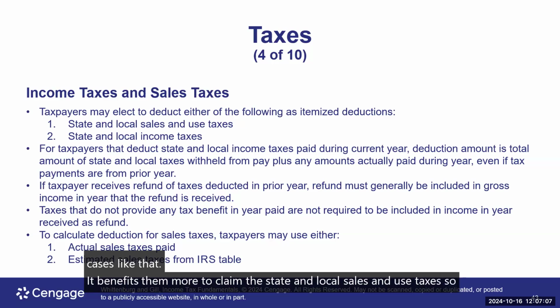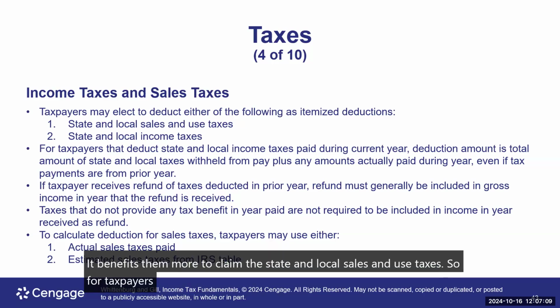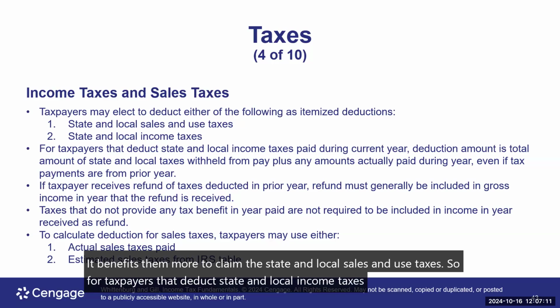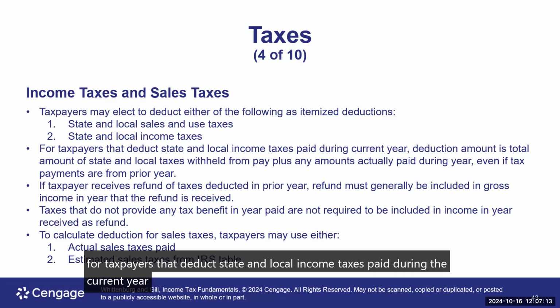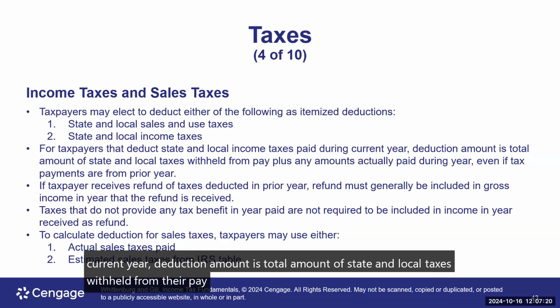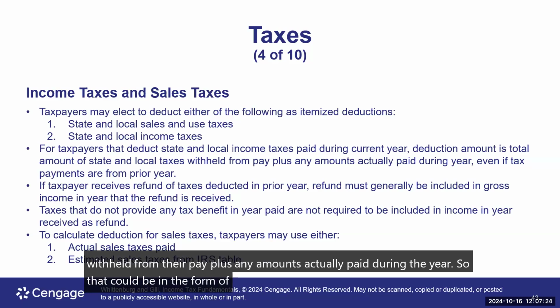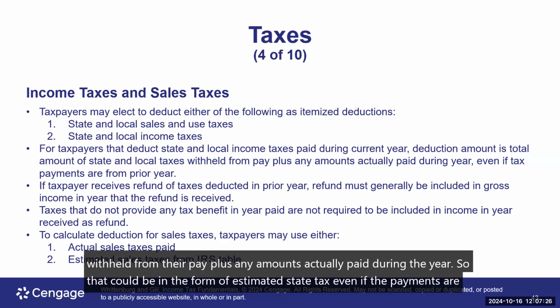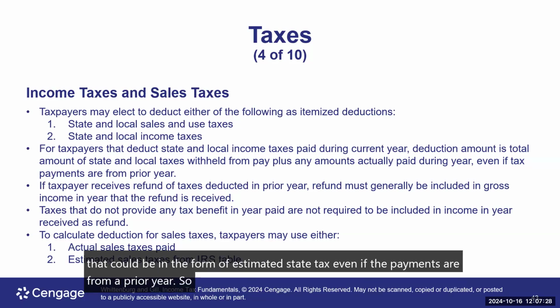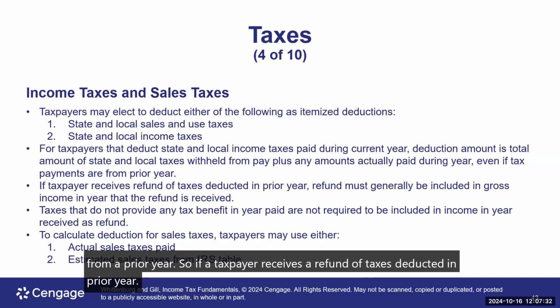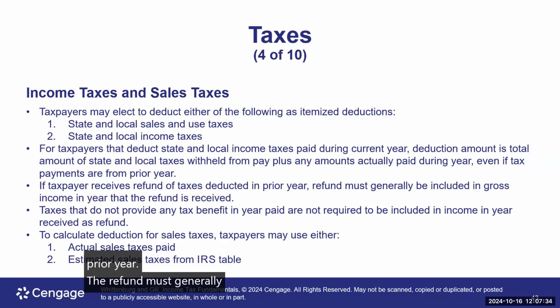So for taxpayers that deduct state and local income taxes paid during the current year, the deduction amount is the total amount of state and local taxes withheld from their pay plus any amounts actually paid during the year. That could be in the form of estimated state tax, even if the payments are from a prior year. If a taxpayer receives a refund of taxes deducted in a prior year, the refund must generally be included in gross income in the year the refund is received.